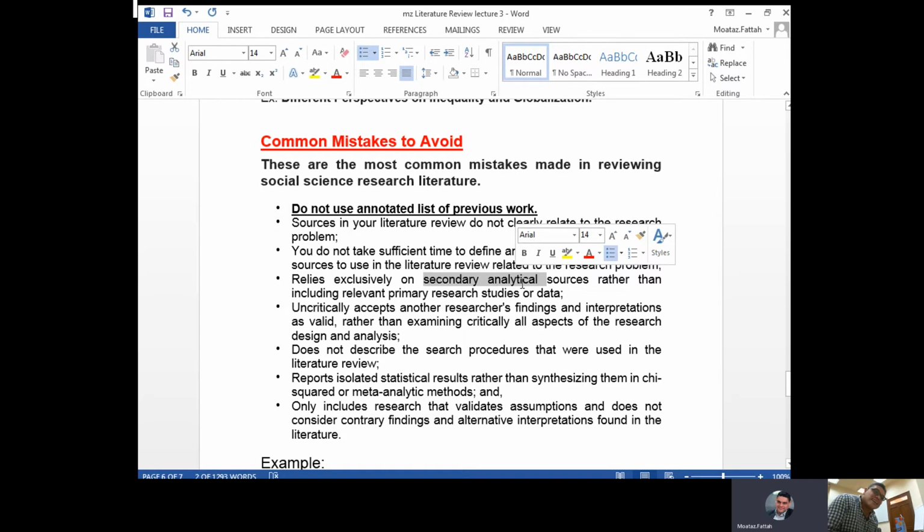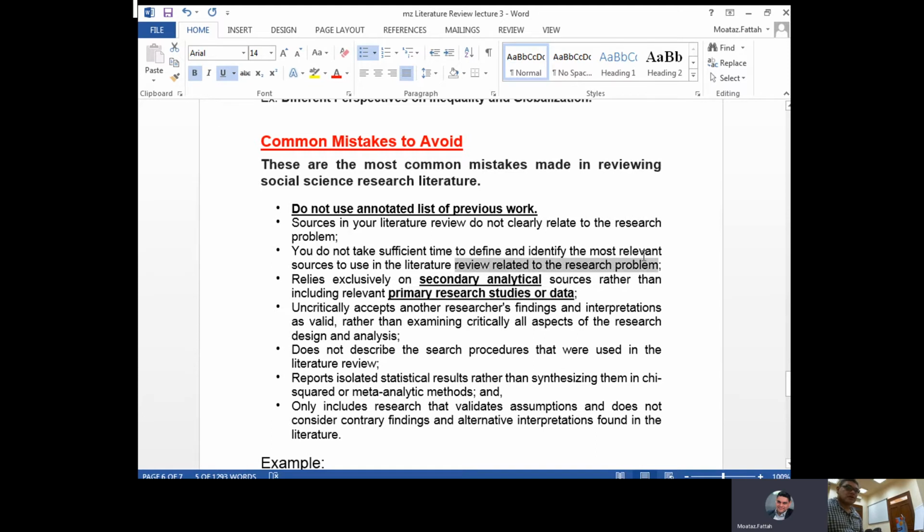So you focus on Mu'taz's research and you don't go to the man or lady who originally collected the data. No, I need you to include some secondary and some primary studies or data. You need to have both.